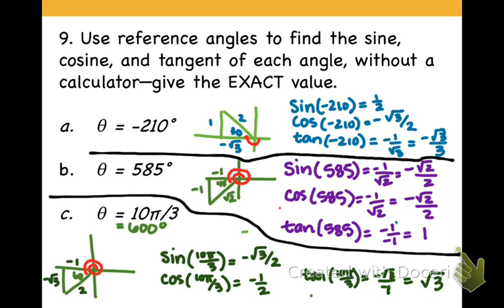For number C, if you would like it, I think most of you prefer this, convert the 10 pi over 3 into degrees. You can do that and get 600 degrees. And you can draw in that full revolution plus another 240. And so that puts us into the third quadrant again with a reference angle of 60.